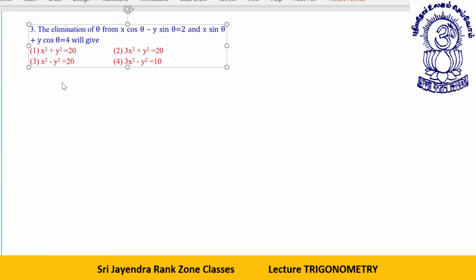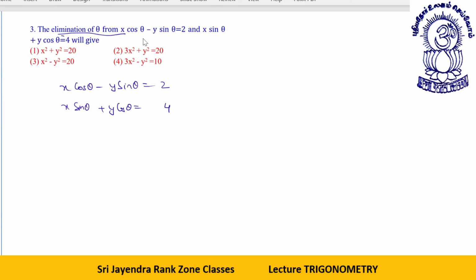You have x cos theta minus y sin theta is equal to 2. X sin theta plus y cos theta is equal to 4. You have to eliminate theta, that is, you have to remove sin theta, cos theta, everyone.